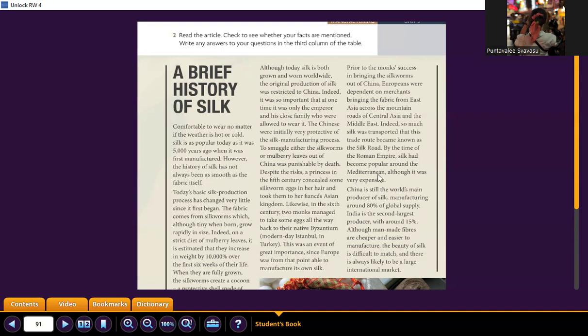So it's very similar, but they say the silk became popular around here, but they don't say for sure if it passed through Petra or not. So for this one, it does not say.